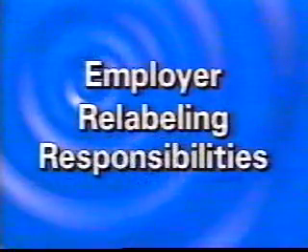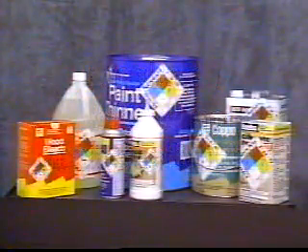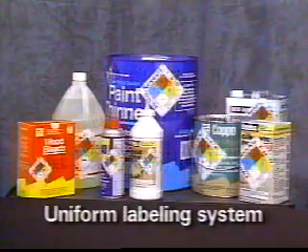There are, however, several situations where the employer will relabel chemicals after the shipment is in the workplace. Perhaps the most common reason for relabeling is to use a uniform labeling system. While uniform labeling isn't mandatory, using a labeling system that all employees recognize and understand can make it easier to identify the potential hazards.